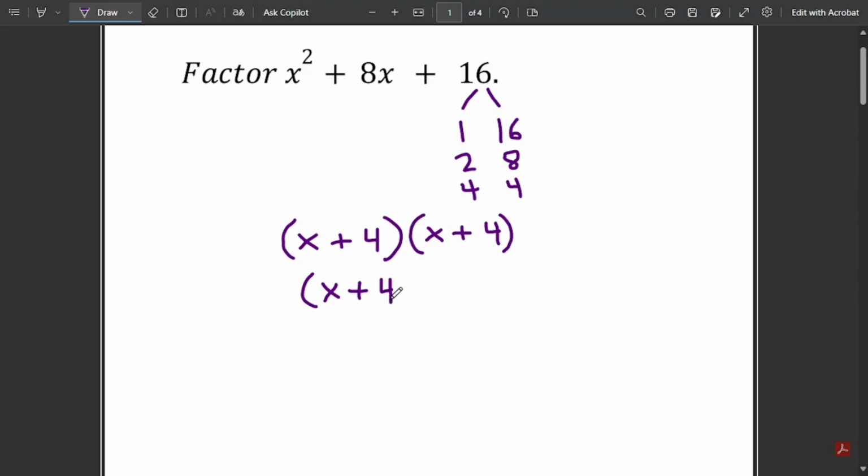And that can be written as x plus 4 squared. Now, we have a perfect square trinomial when you have a binomial like this squared. And there is a formula for doing this. The formula is a squared plus 2ab plus b squared, and that factors to a plus b squared.